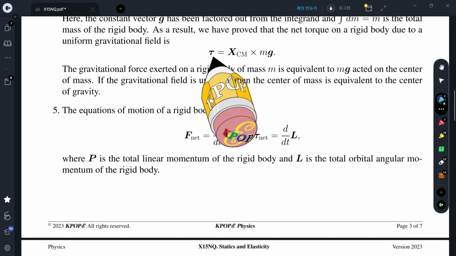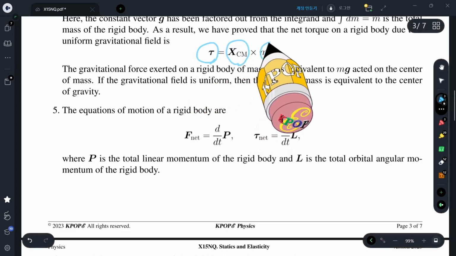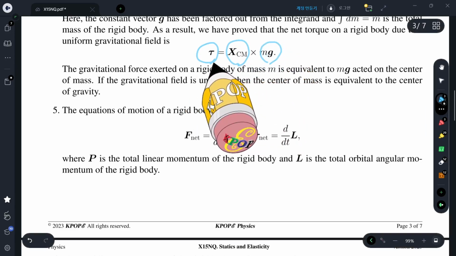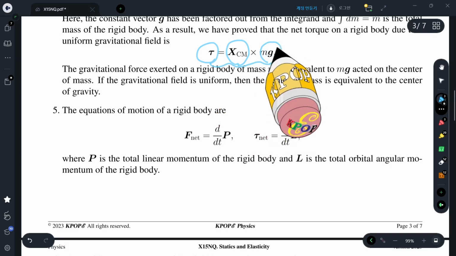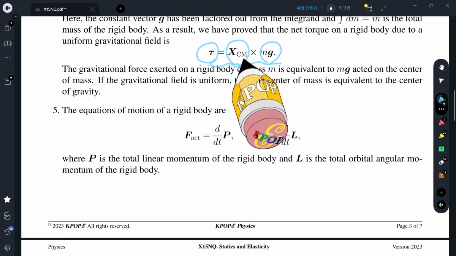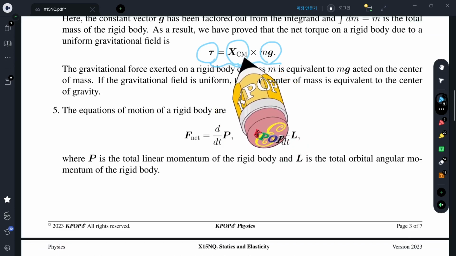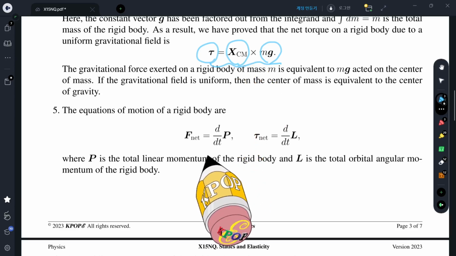So torque is x cross F, and this shows that the torque due to the gravitational force is effectively acting at the center of mass.